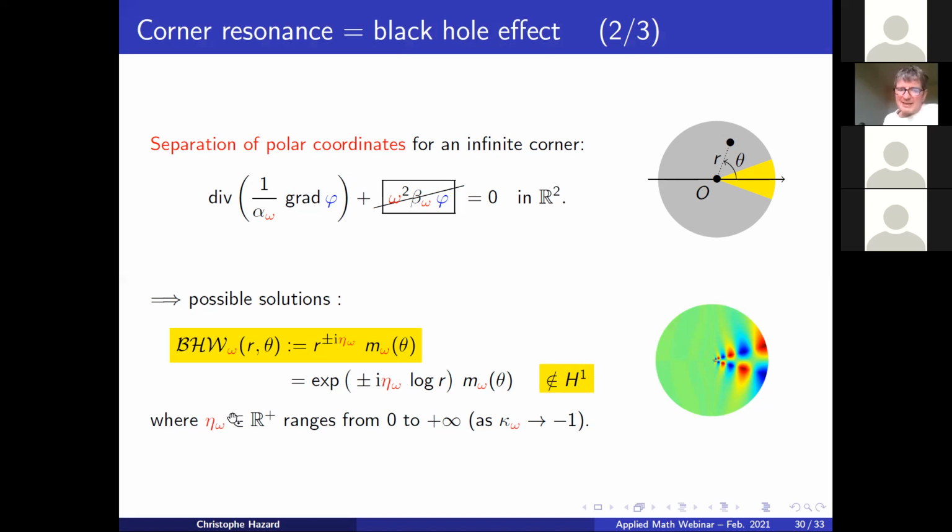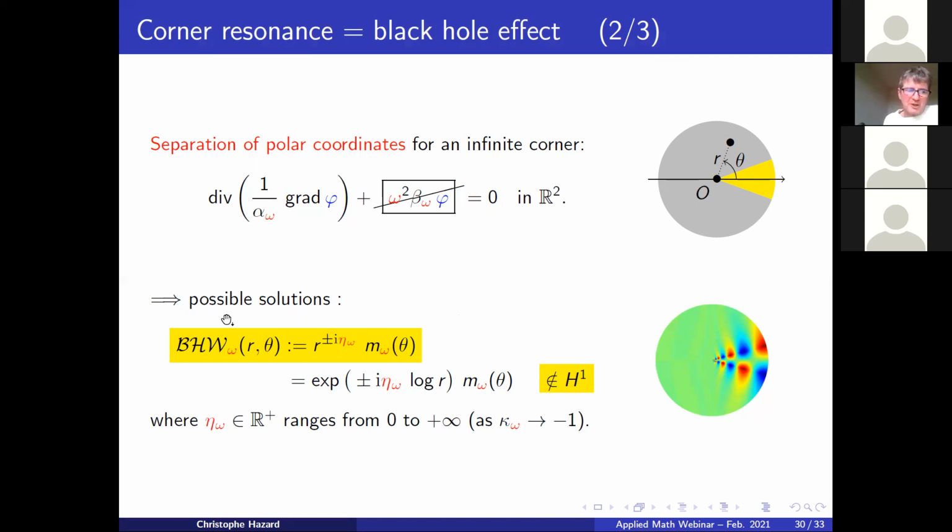Because eta here is a positive number which ranges from 0 to plus infinity, when omega ranges from the ends of the interval towards the center of the interval. And I have here a picture showing this function. You see that the oscillations are more and more rapid near the corner.